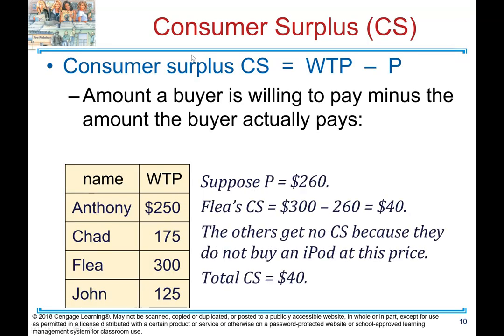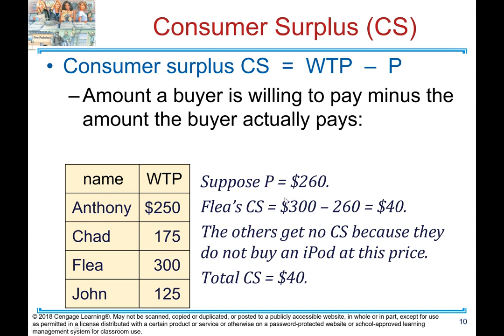Consumer surplus is the difference between the willingness to pay and the price: the amount a buyer is willing to pay minus the amount the buyer actually pays. Suppose the price is $260. Flea's consumer surplus is $300 minus $260, which is $40.